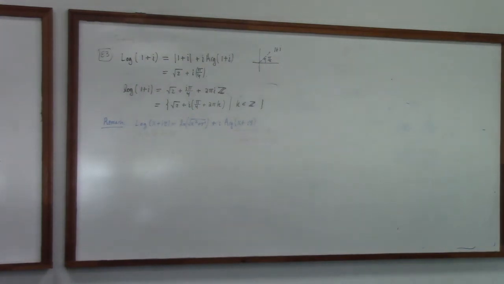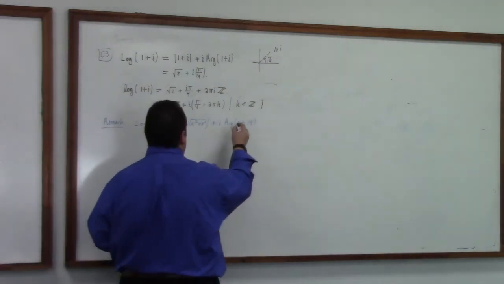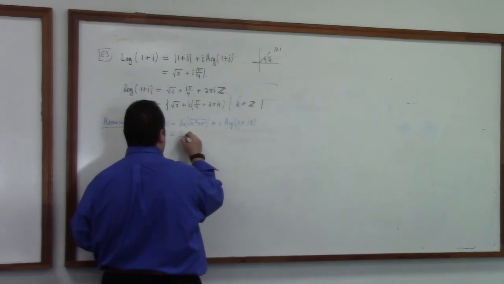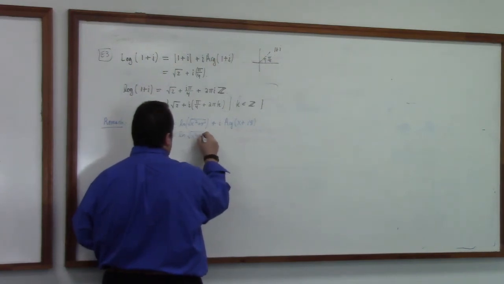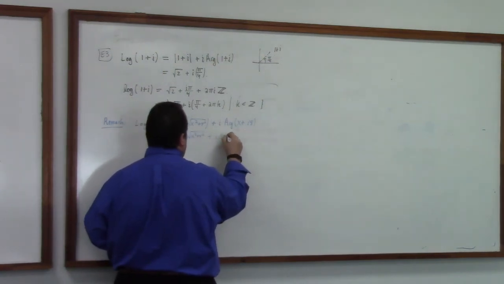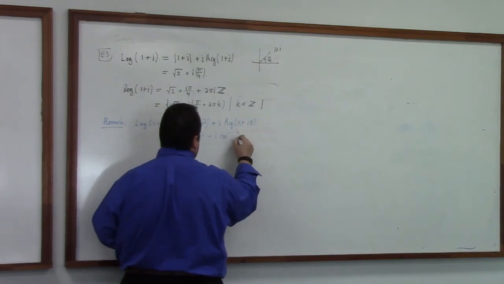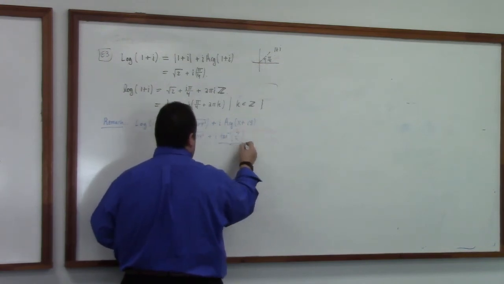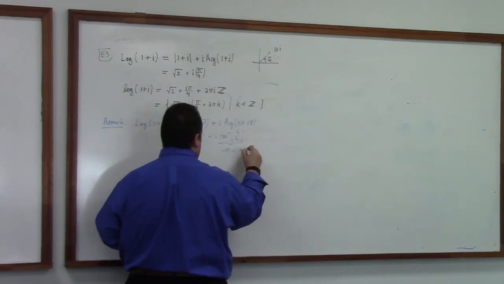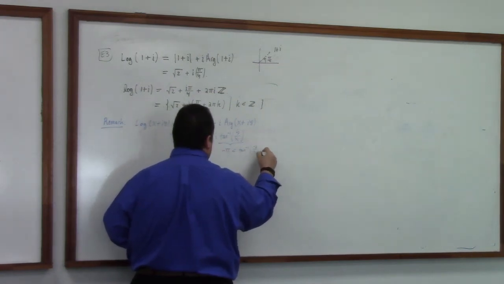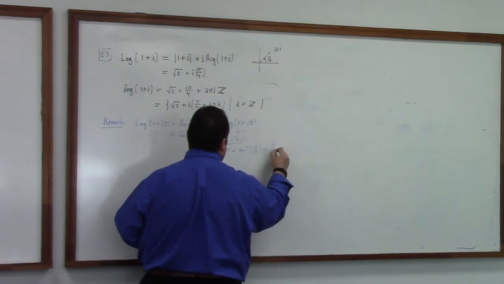What I'm saying is, if I use inverse tangent here, this is automatically between minus pi over 2 and pi over 2.